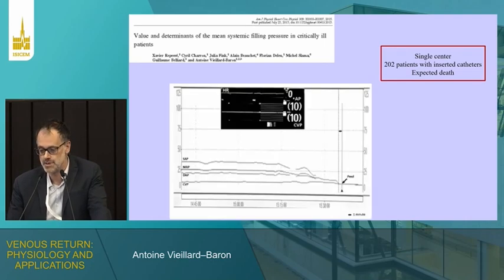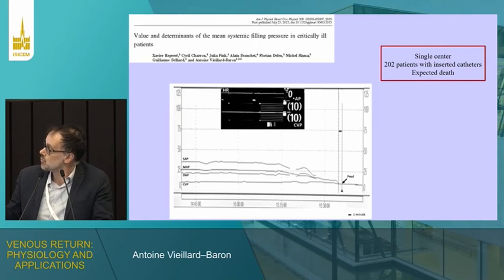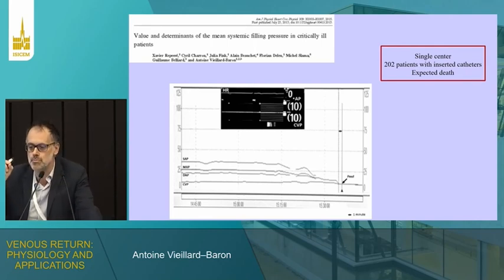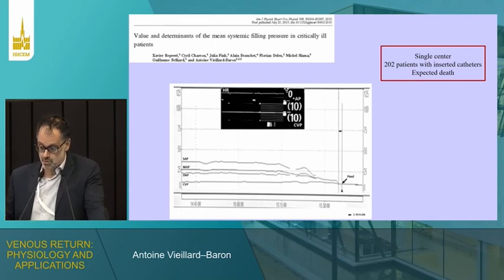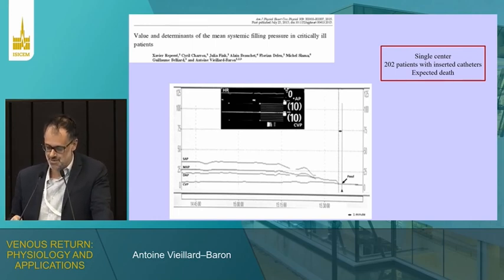And what we did is that just when they died, we recorded the pressure in the venous part and the arterial part. And you see that after 1 minute, we were able to measure this equilibrium pressure, which could be the 1 minute mean systemic filling pressure.